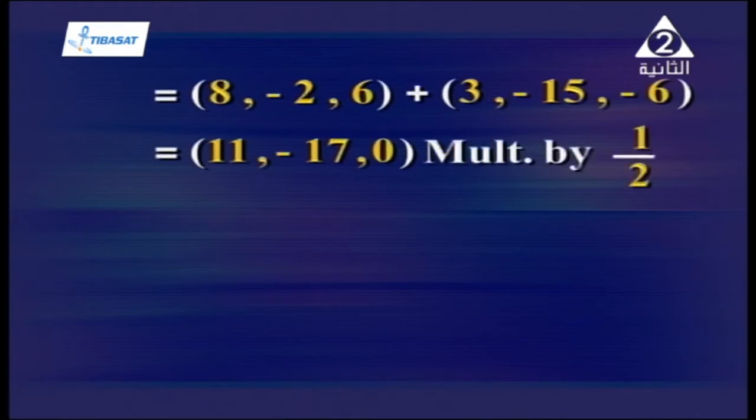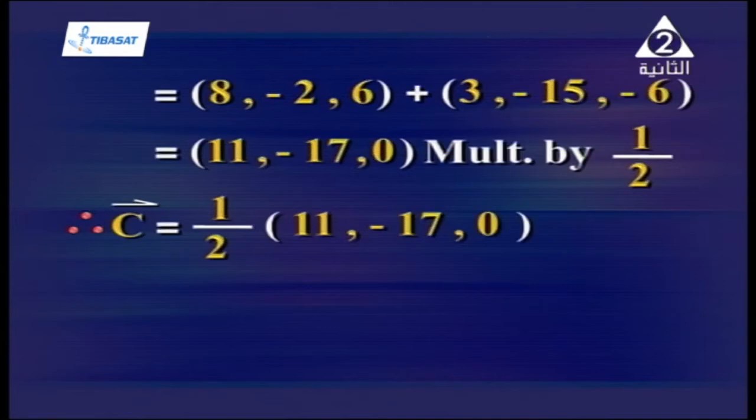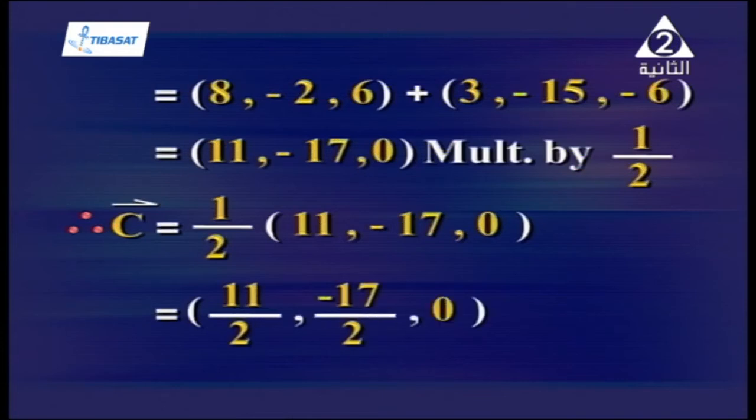Then multiply by 1 over 2, or divide by 2. Then C vector becomes half multiplied by the vector (11, negative 7, 0), which equals (11 over 2, negative 7 over 2, 0). This is the component of C vector.